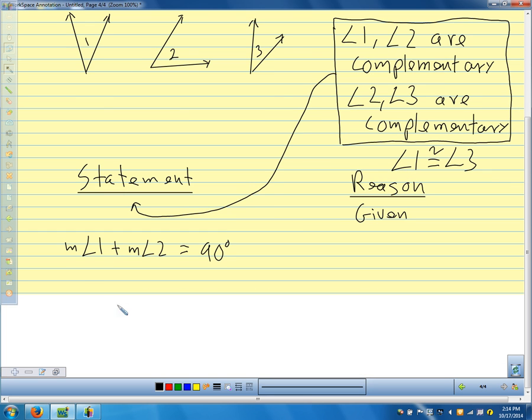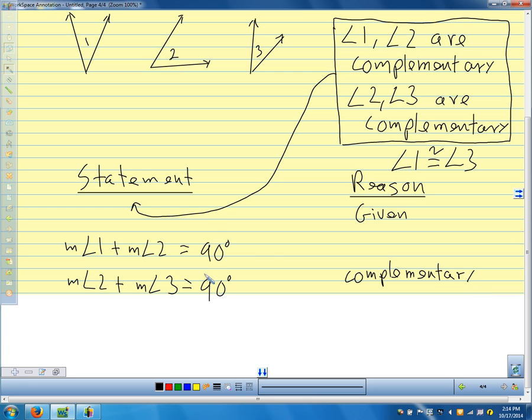And measure of angle 2 plus the measure of angle 3 equals 90 degrees. And that's because they are complementary. We could say definition of complementary. What complementary means.